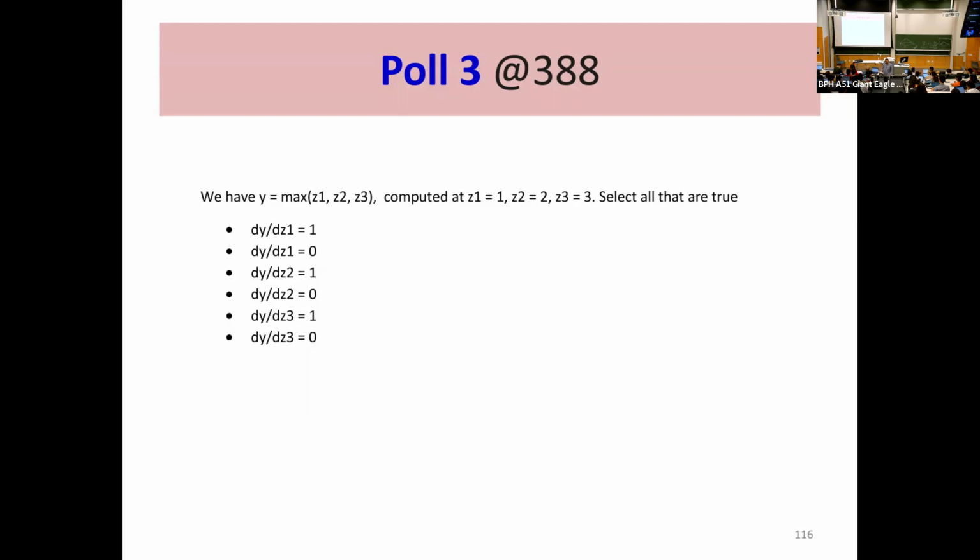How did you define the derivative? To answer your question, the way we define the derivative is how much does a small perturbation of the input perturb the output, correct? So suppose I have a function of this kind, and at this point, suppose I perturb the input in the negative direction. What is the output? It's the same. The output is 0, correct? If I perturb it in the positive direction, what happens?